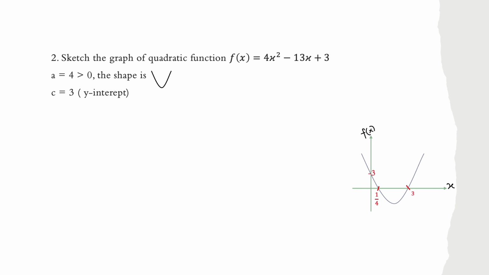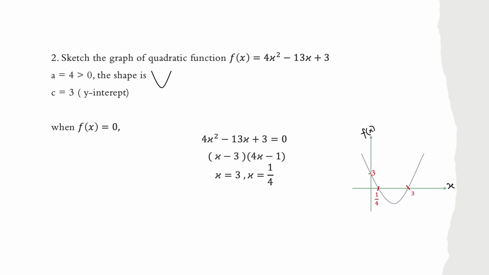Then you have to do this equation: when f(x) equals to 0, you get 4x squared minus 13x plus 3. You can do factorization, or you can key in your calculator to get the value of x.